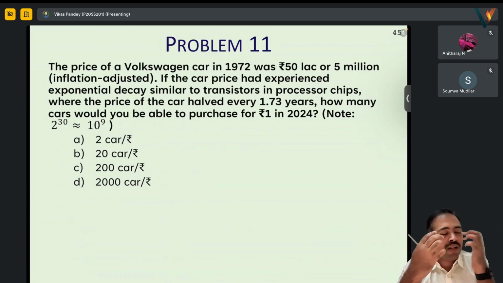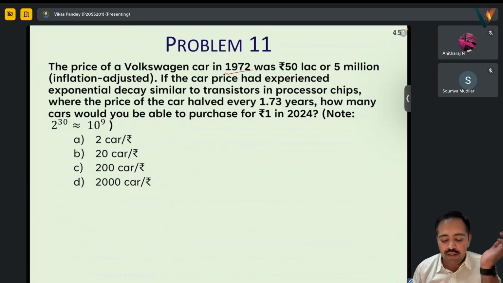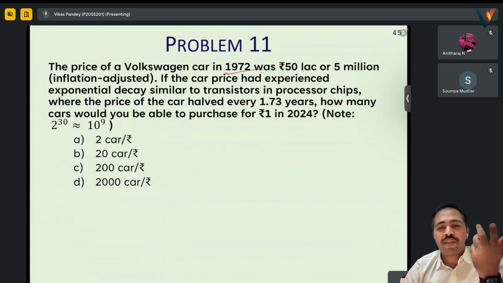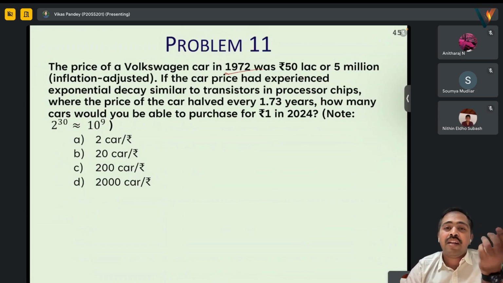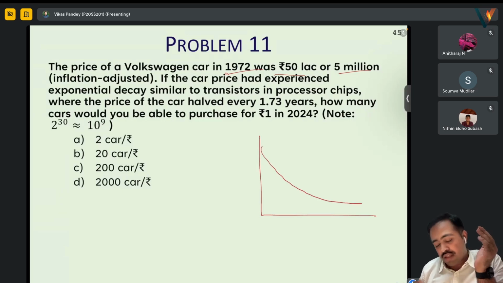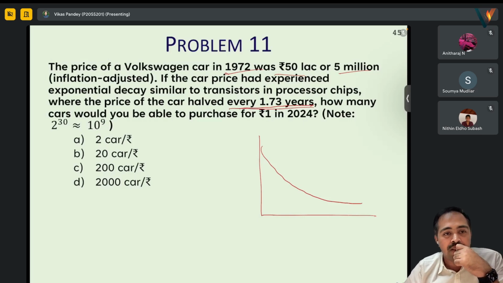If a Volkswagen car in 1972, although it was not available in India at that time, was of 50 lakhs or 5 million, and if it decreased very similar to the graph you have seen for the price of the transistor, halving every 1.73 years, how many cars would you be able to purchase in 1 rupee in 2024?